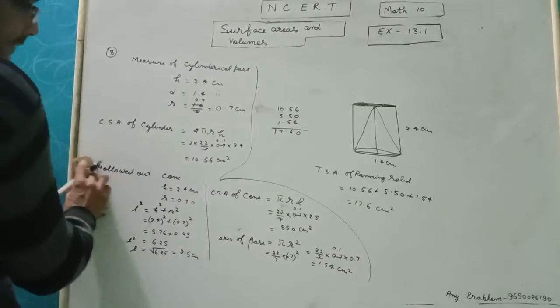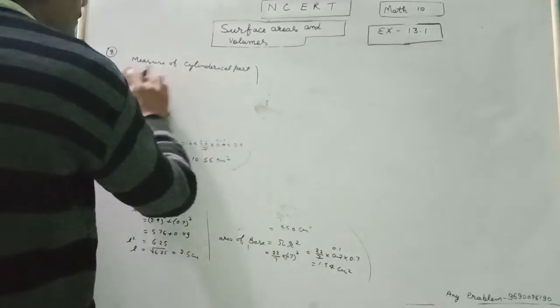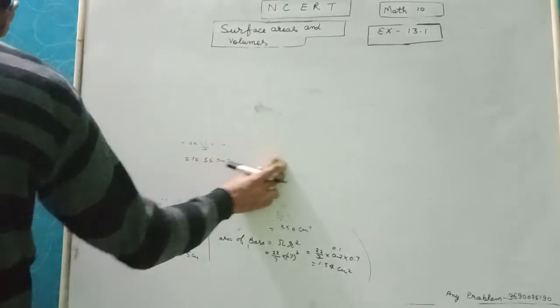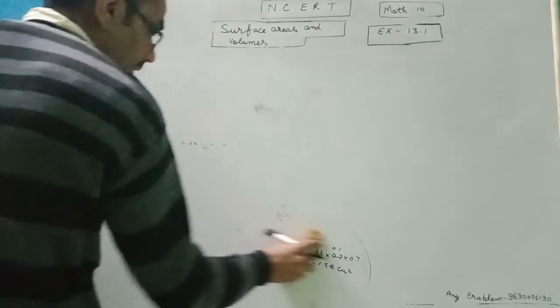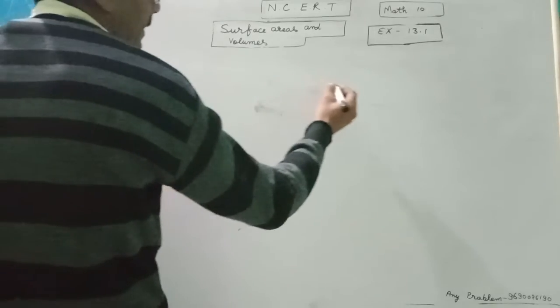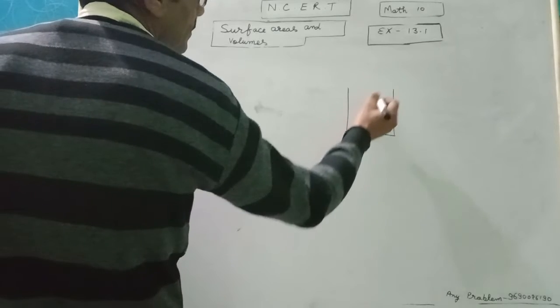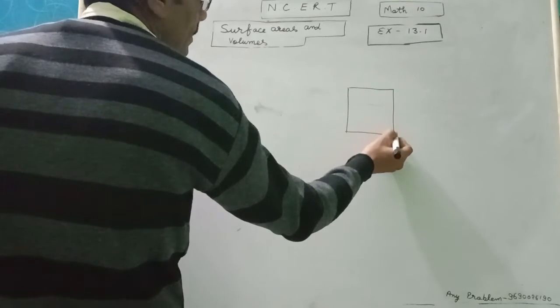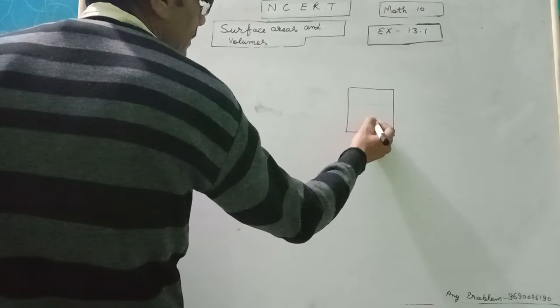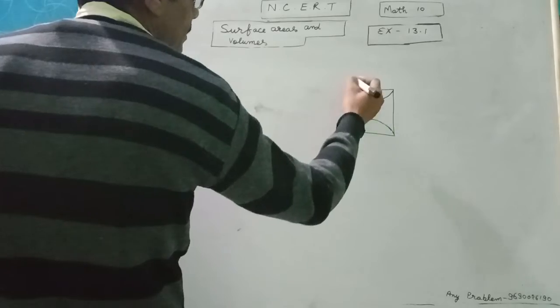Question number 9. The figure is given in the book. A cylinder hollowed out by two hemispheres.